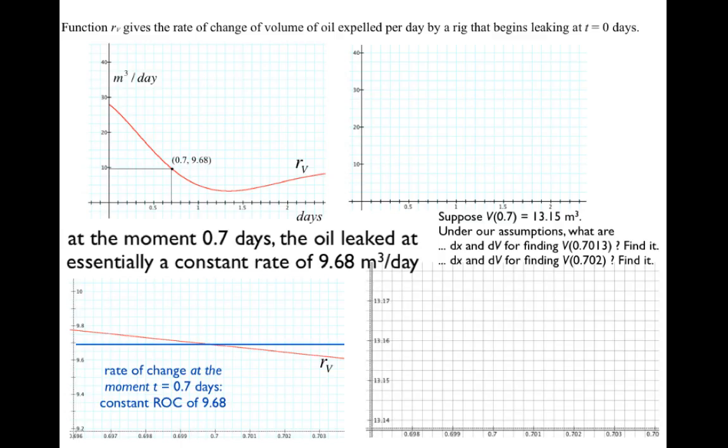What are we doing? We're building a little accumulation from a moment of time, knowing the rate function, knowing the rate. So find dx, find dv, find that, illustrate it. It's all stuff we've done before. Can you apply it now? Go, see how it goes.